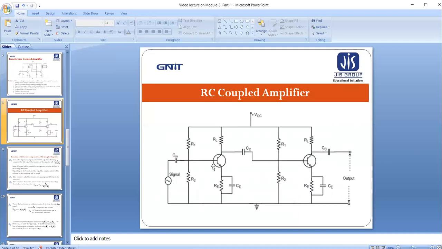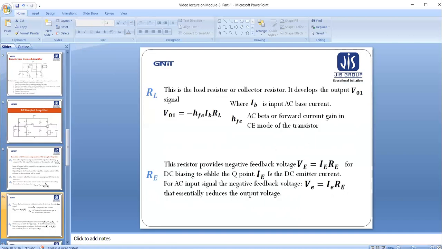That means hFE of this transistor, minus due to the 180 degree phase reversal, minus hFE IB, that is the base current, into the RL. hFE is the AC beta or forward current gain in CE mode of the transistor.